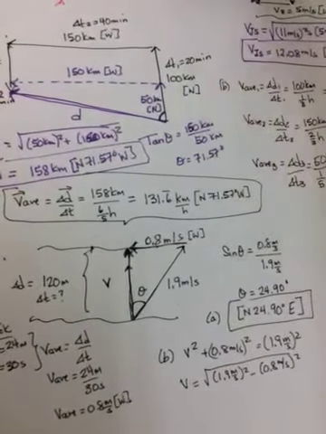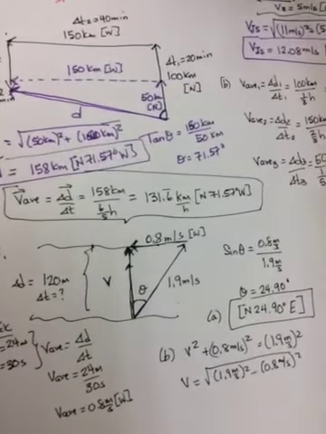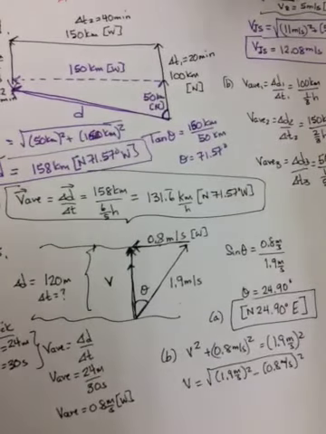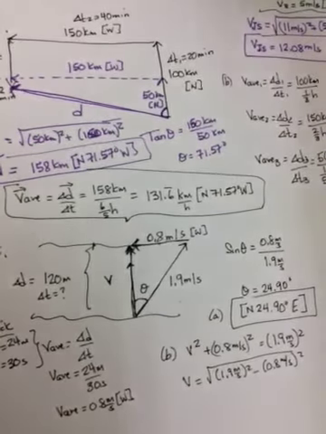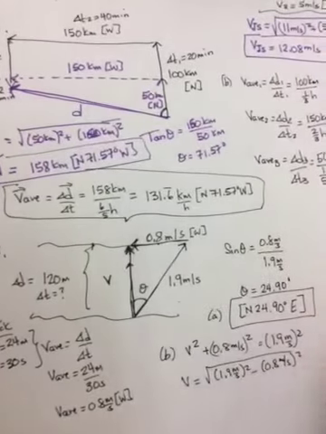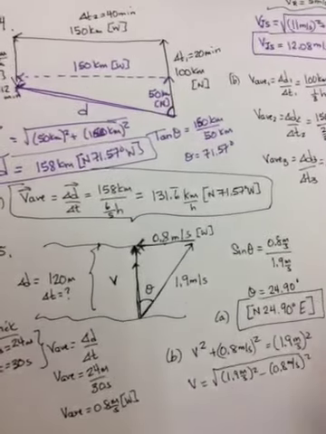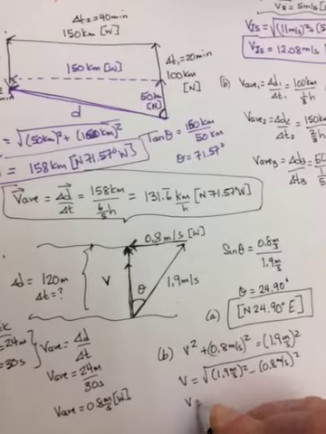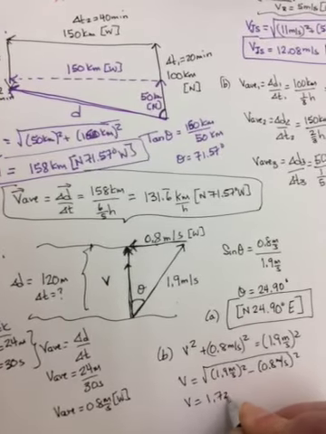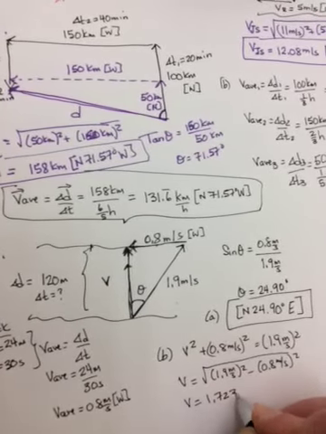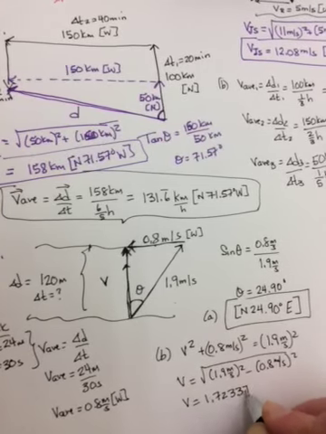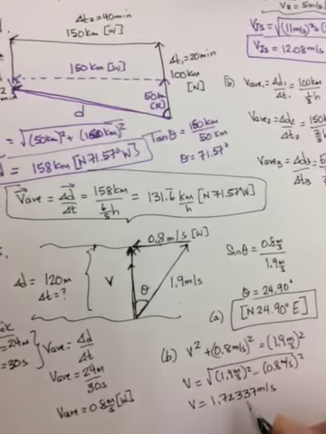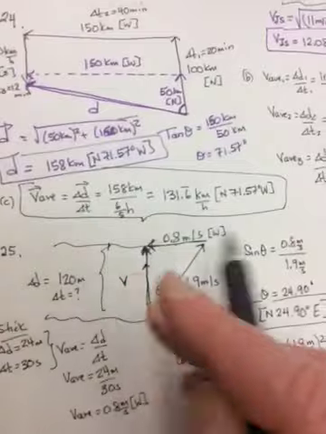So 1.9 squared minus 0.8 squared, and then take the square root, and you should get something like 1.72337. I'm not going to round very much because we want to find the time.